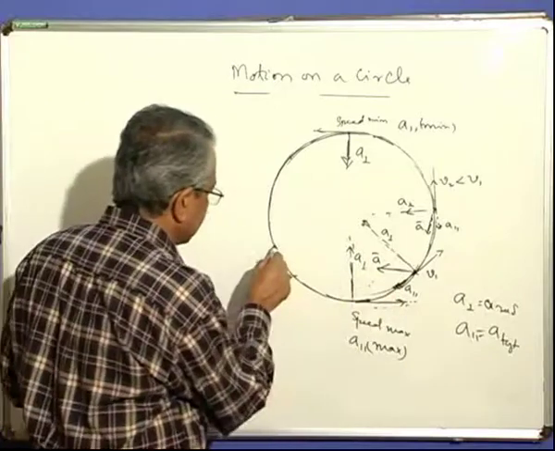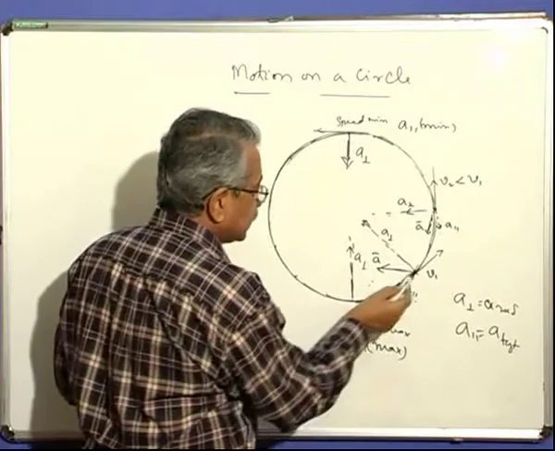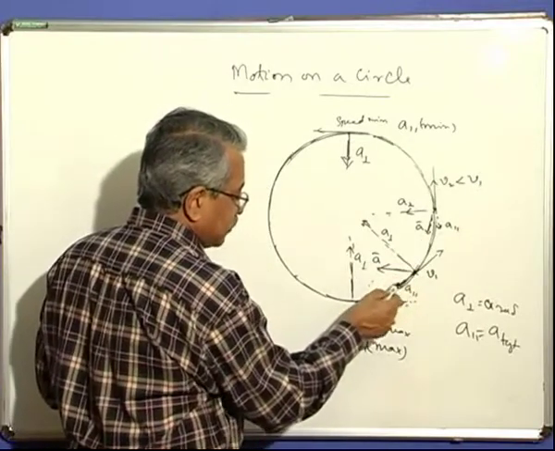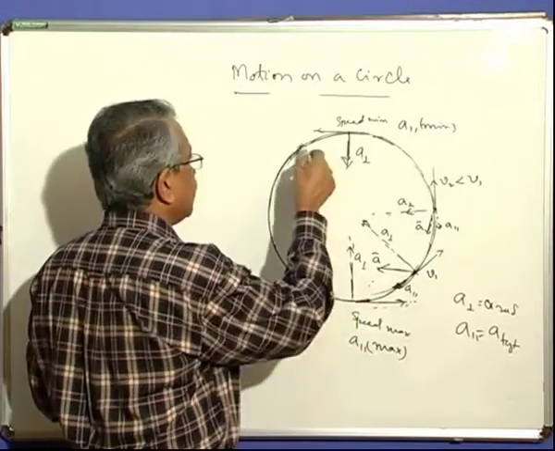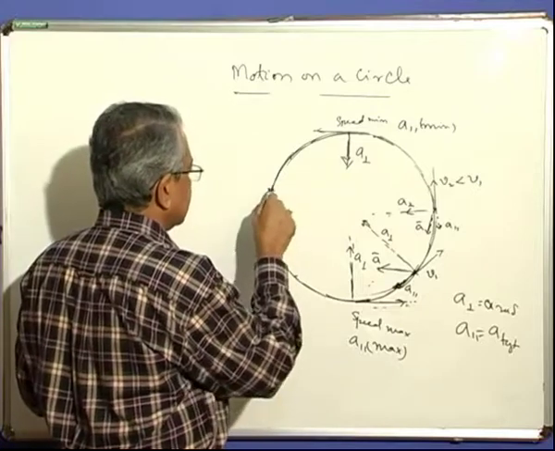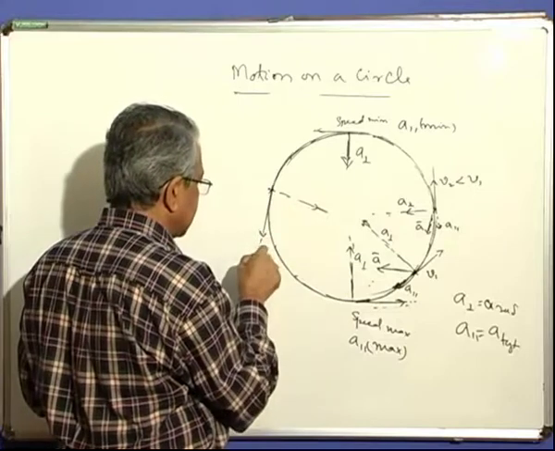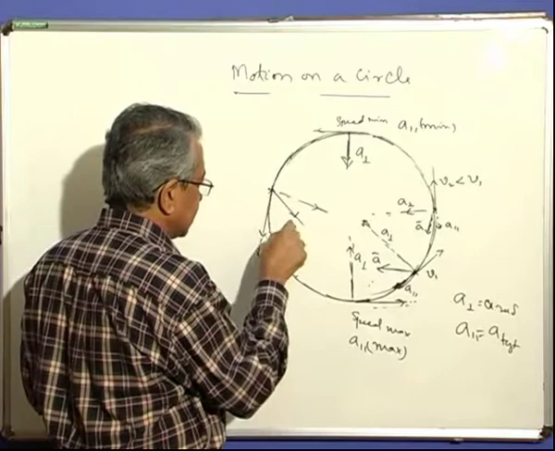Suppose it is on this side now, it is increasing speed, now it is coming down from there. As it is going up, it is slowing down, like what I have shown in the figures here. The parallel component of acceleration will have a retarding effect on that. So when it is coming down from here, suppose the velocity is in this direction, the normal component of acceleration like this, the parallel component is here increasing, so you will find the net acceleration in this direction.